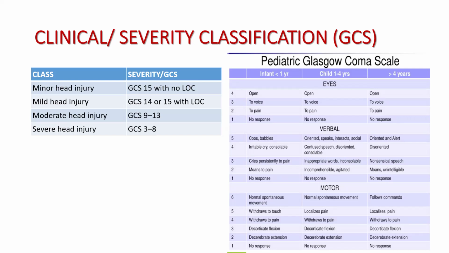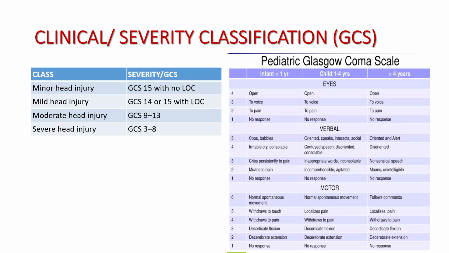And if they cry persistently in response to pain and you cannot console them, even the mother cannot console them, they get a 3. And if they just let out moans to pain, they get a 2. And if they don't get any response, they get a 1.